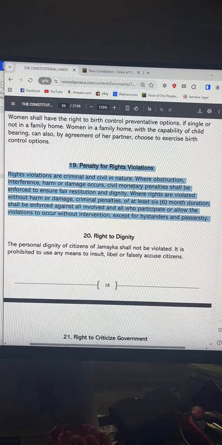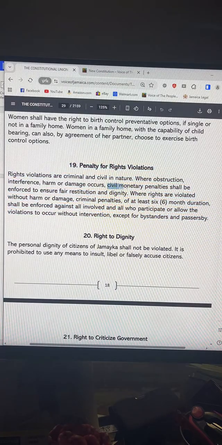So not only are we guaranteed civil compensation, we also guarantee criminal penalties.